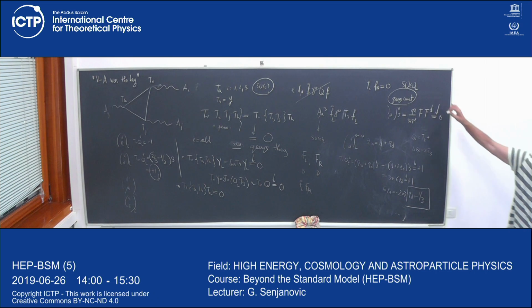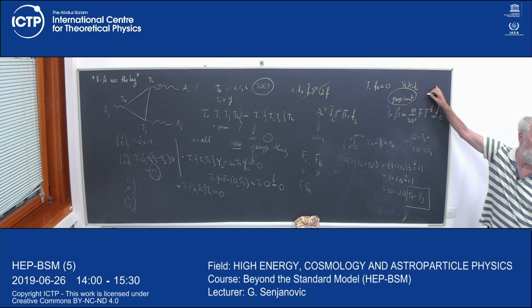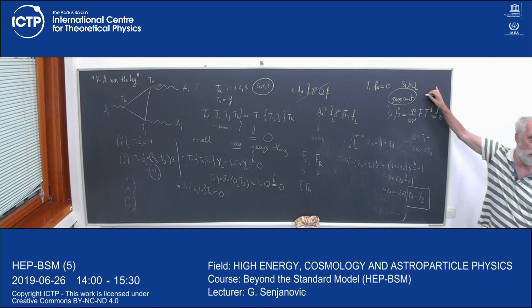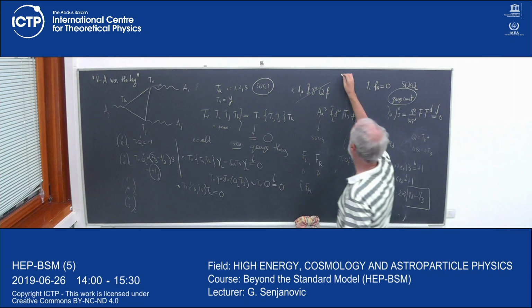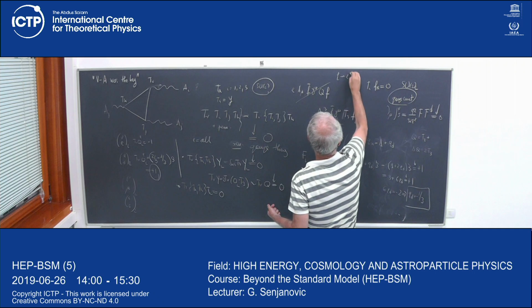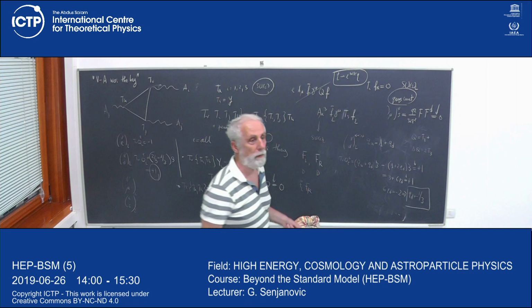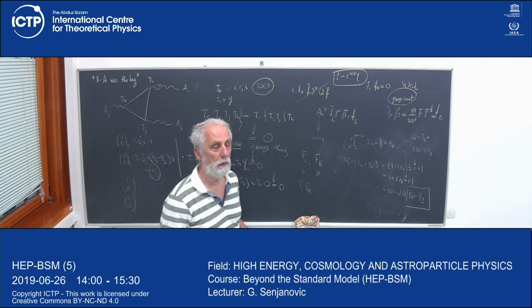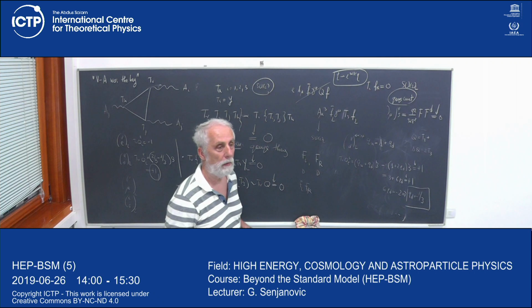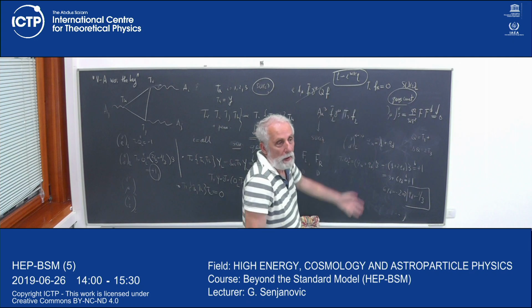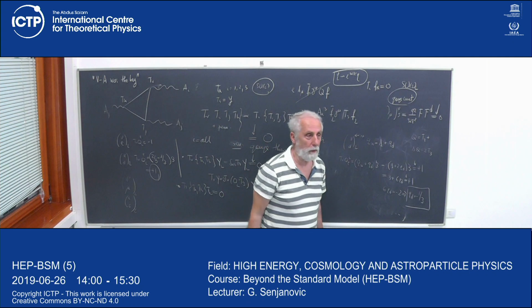There, I had an external gamma 5, imagining a symmetry, remember? Q going into e to the i alpha gamma 5 Q. This is not a gauge symmetry of the standard model. This is the flavor global symmetry, something I imagined. It's not a symmetry because quarks are massless.